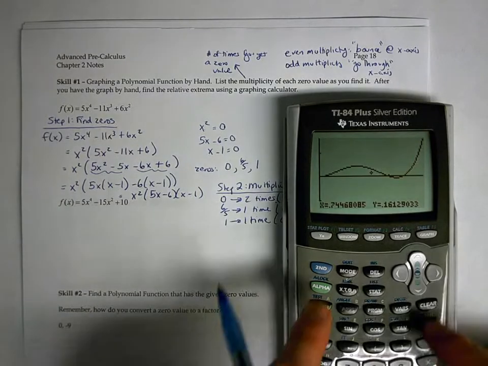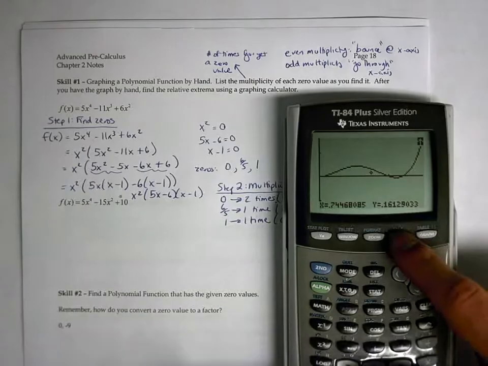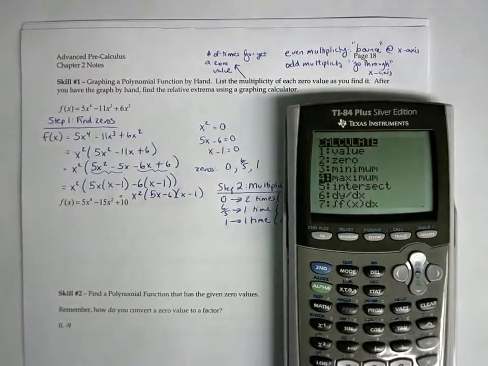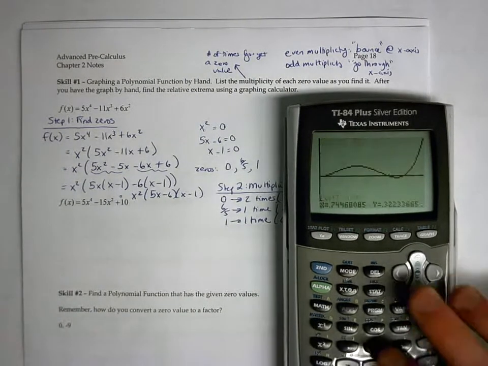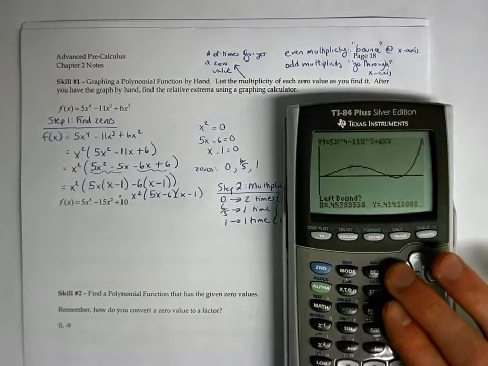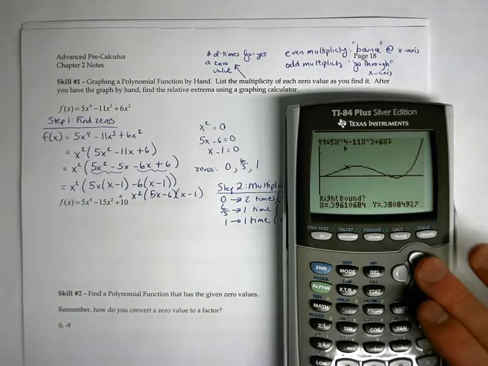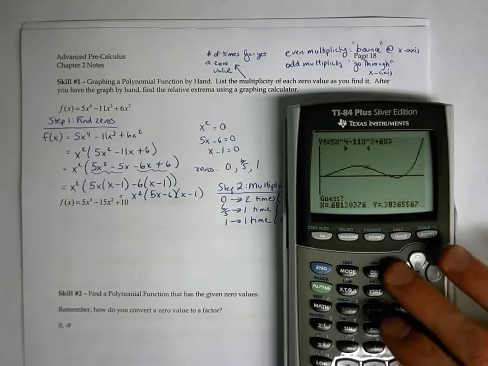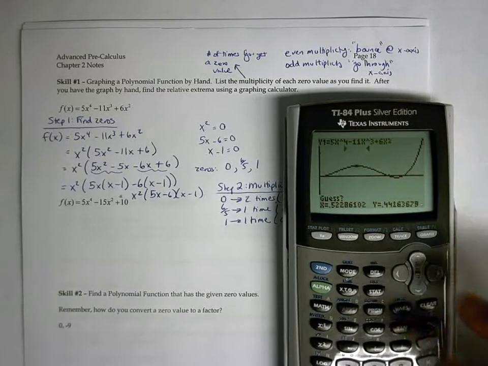Now the way we find our relative extrema is we go to our second trace, which is our calculations. And we're going to choose minimum and maximum. I'm going to choose maximum first because I want to know what the height of this piece is. So we'll choose a left bound, something to the left of the maximum. We'll choose a right bound, something to the right of the maximum.